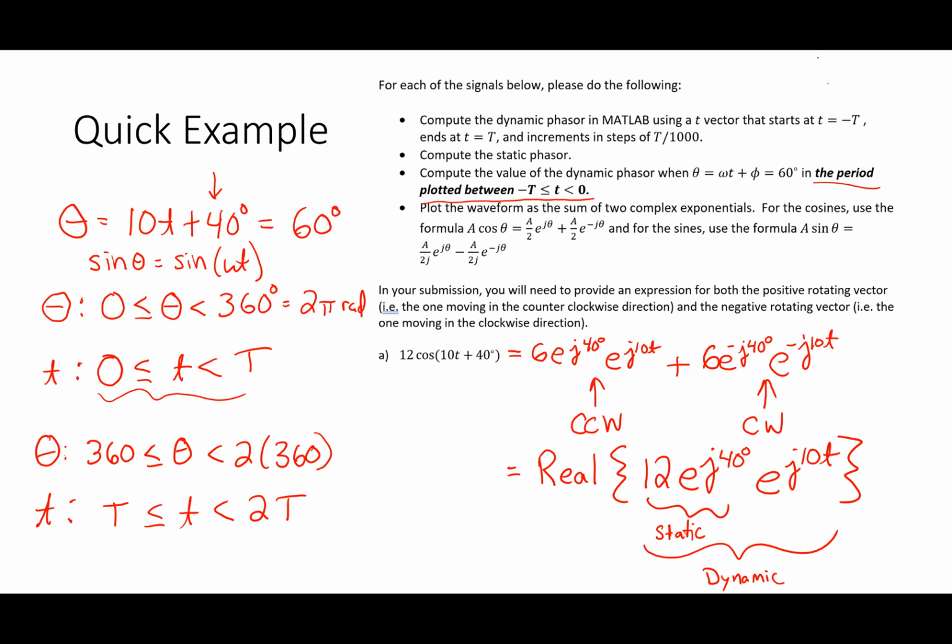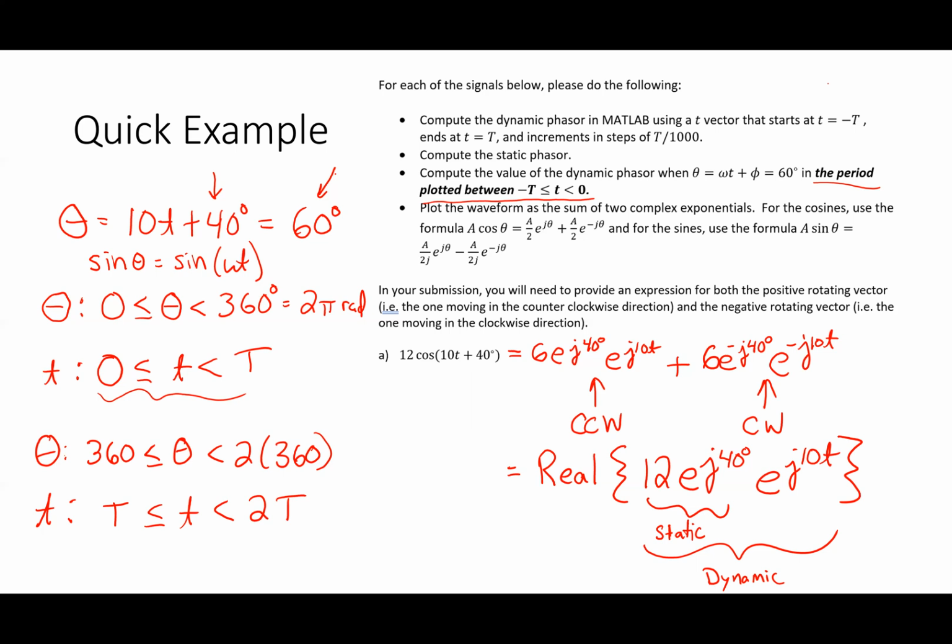So as I go to another period, if I said to you, tell me when theta is equal to 60 degrees, you'd give me a time, right, by solving this top equation here. And if I said, well, tell me when that happens in the next period, you would add capital T to that. And if I said, tell me 10 periods later, you would say, add 10T.